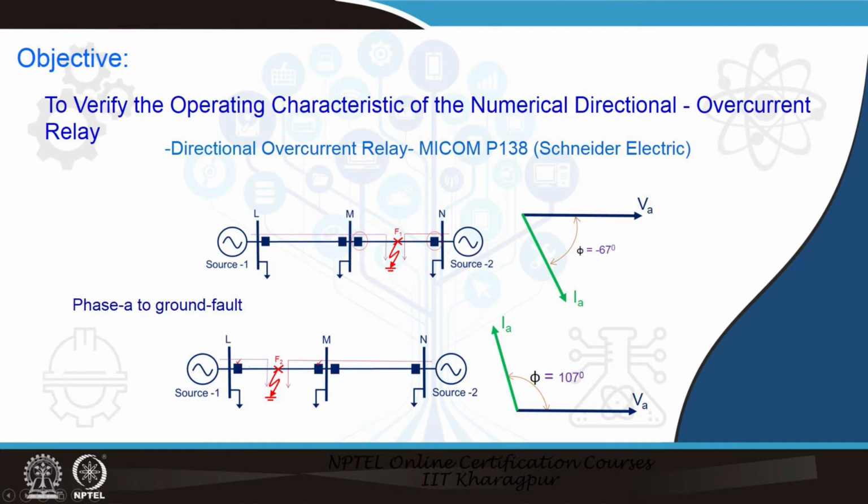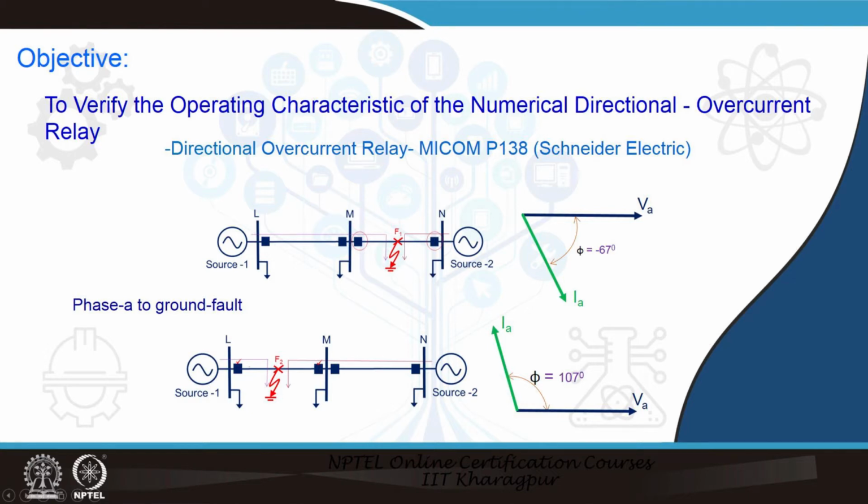So, for the protection of this, if the voltage at bus M, the phase A voltage, happens to be V A and the fault happens to be in phase A to ground, then the corresponding current lags the voltage by a certain angle, which is the impedance angle of the line.